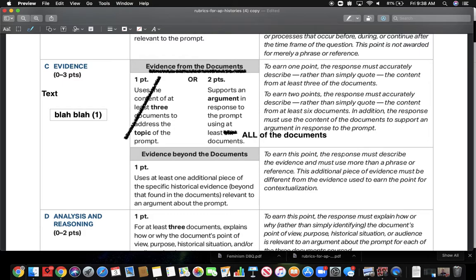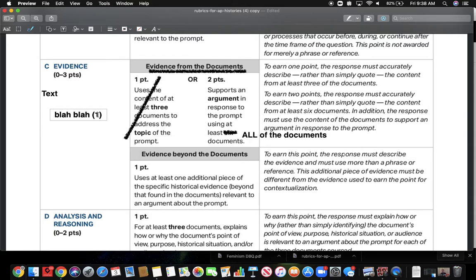So there are different ways for you to use all of the evidence. Again, you're going to be paraphrasing in general, and then you're going to cite it one of those 3 ways: either saying "Document 1 says," or "in Document 1," or whatever your paraphrase is, and then just citing it using the parenthetical citation at the end.